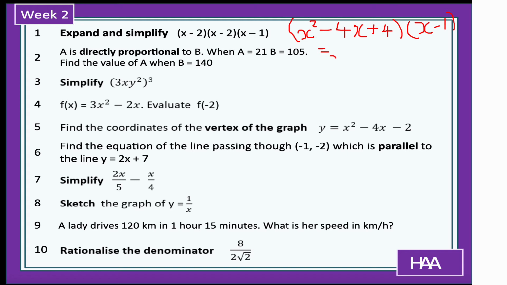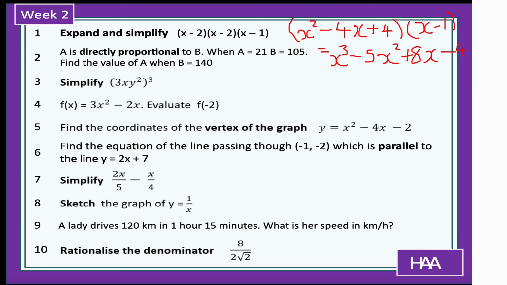X squared times x is x cubed. I'm going to have minus x squared minus 4x squared, so it's going to be minus 5x squared. Plus 4x is going to be plus 8x. And then 4 times negative 1 is negative 4. So I have actually expanded that in one go, but you can check my answer by expanding the bracket.